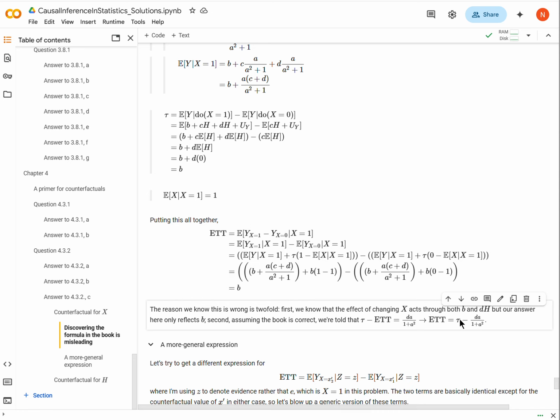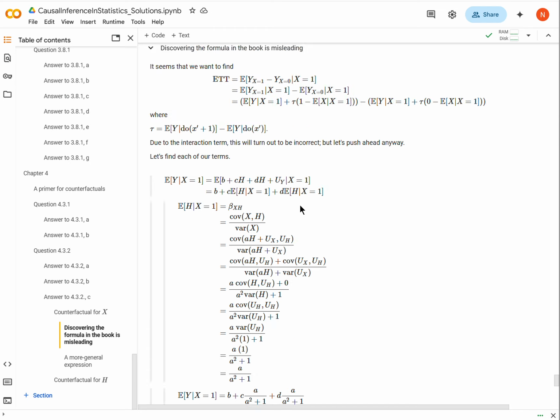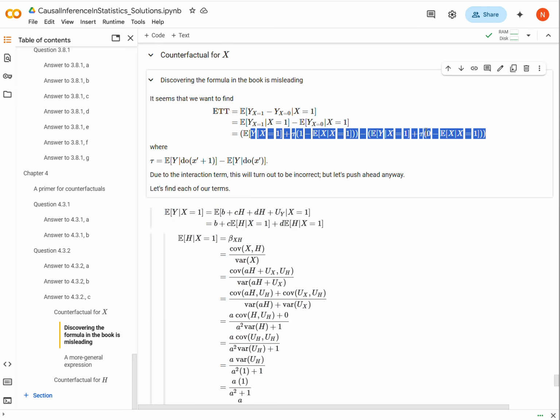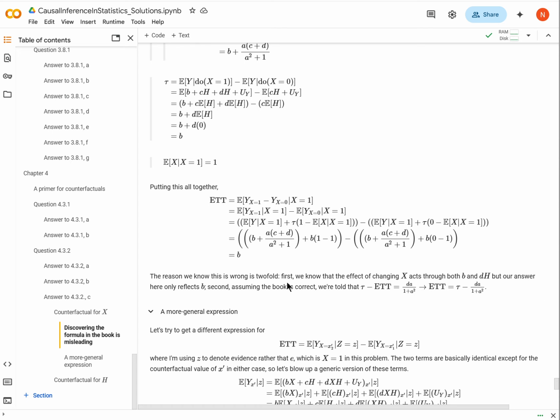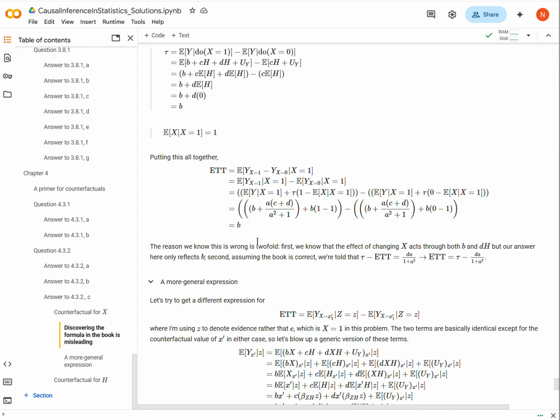But anyway, obviously we're not getting this here. So doing it this way, again, the way that I think that the book would suggest that you do this, is not correct. I don't think that the book is wrong. I think that maybe this part was written in a way that was kind of misleading.